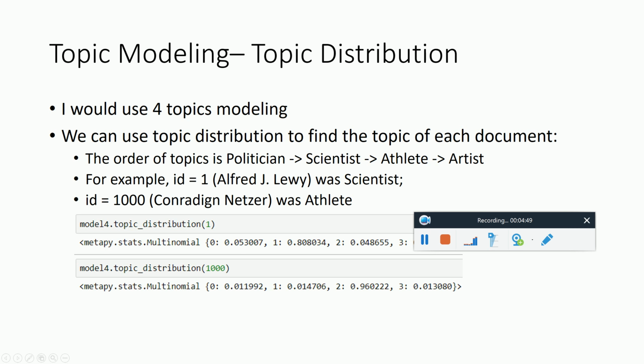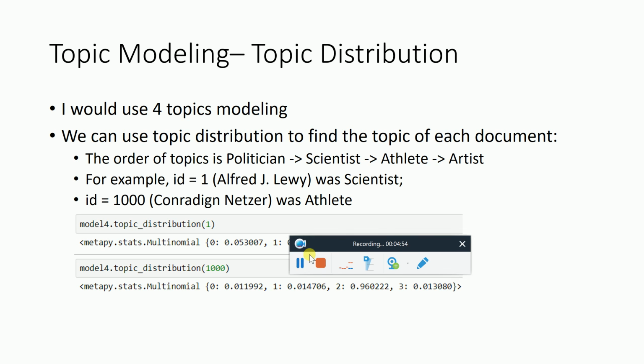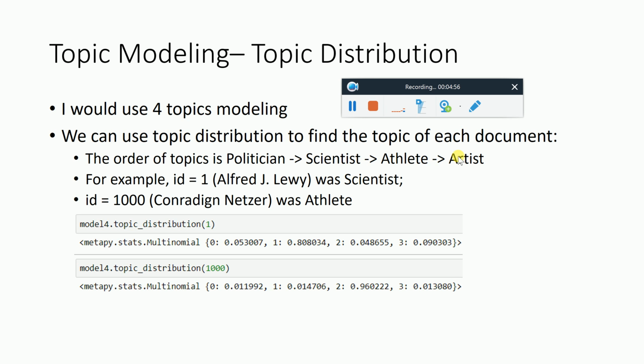If I use the 4 topics modeling, if you search for the topic of each document, the order of topic is politician, scientist, athlete, and artist. So, for example, if I choose ID equals 1, Alfred J. Lowy, he was a scientist because the second one, the scientist, has the highest weight.